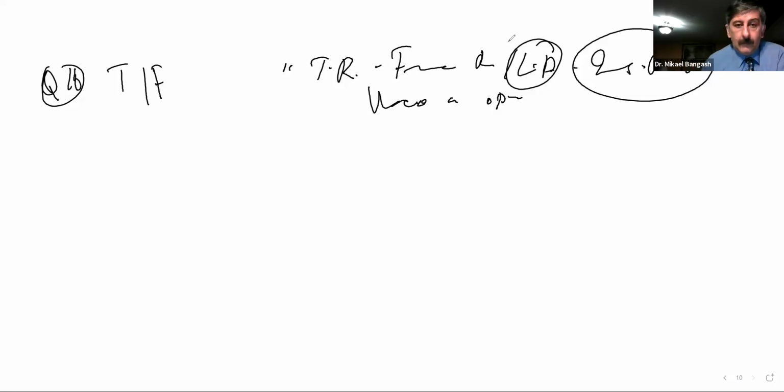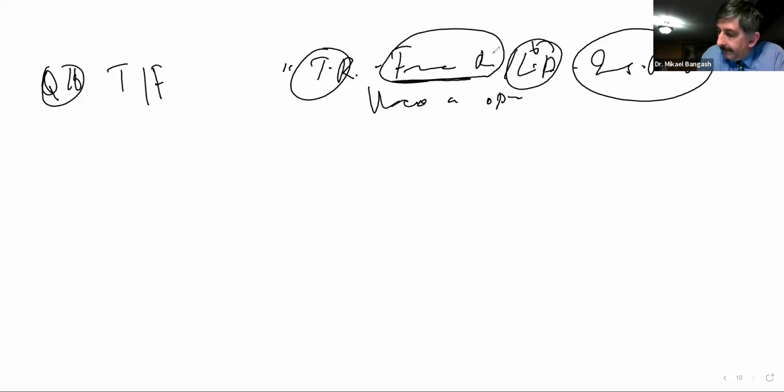Frame rate determines your temporal resolution. Did that make sense? Yes.